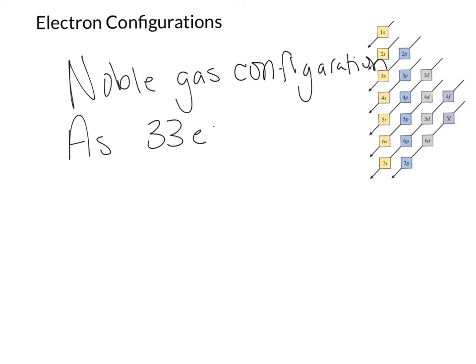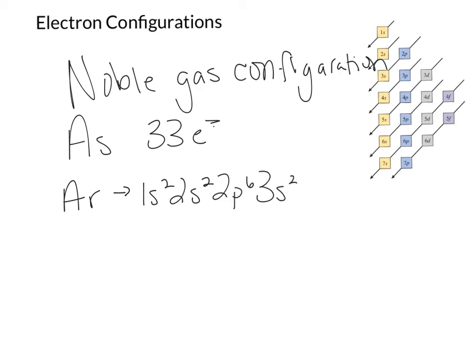All right, so if we take arsenic and go backwards along the periodic table, we actually get to argon as the first noble gas that we come to, which is Z 18. So the electron configuration of argon is 1s2, 2s2, 2p6, 3s2, 3p6.